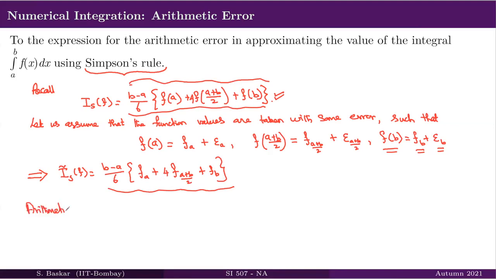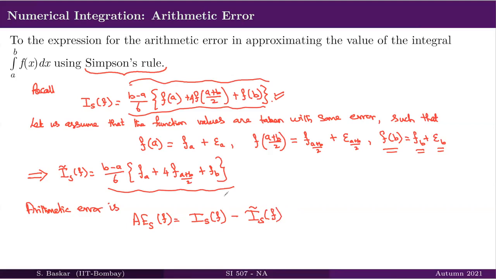Therefore, the arithmetic error is given by AE_S of f, which by definition is I_S of f, the value of the quadrature rule with exact values substituted in it, minus I_S tilde of f. This is what we finally obtain from our calculation, maybe on a computer.